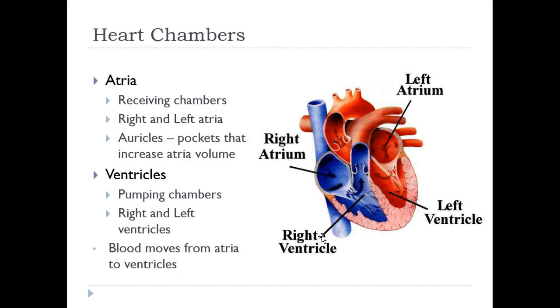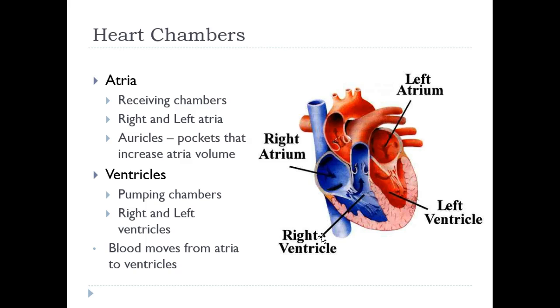If we look at the heart itself, it's made up of a couple of parts. There's two atriums. The right atrium and the right ventricle are going to be deoxygenated blood. In the middle of the right atrium and right ventricle is going to be called the tricuspid valve.